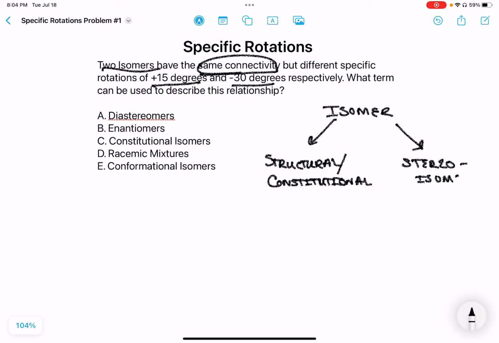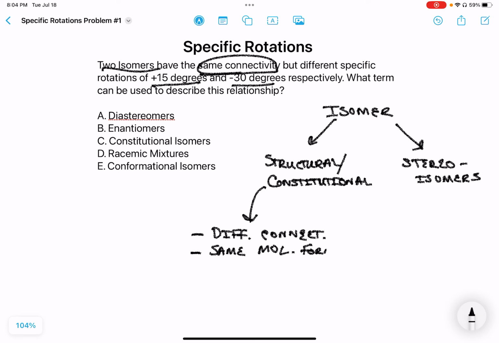Stereo means space, so they're isomers with different spatial orientations. Structural isomers have different connectivities, but because they're still isomers of each other, they have the same molecular formula.